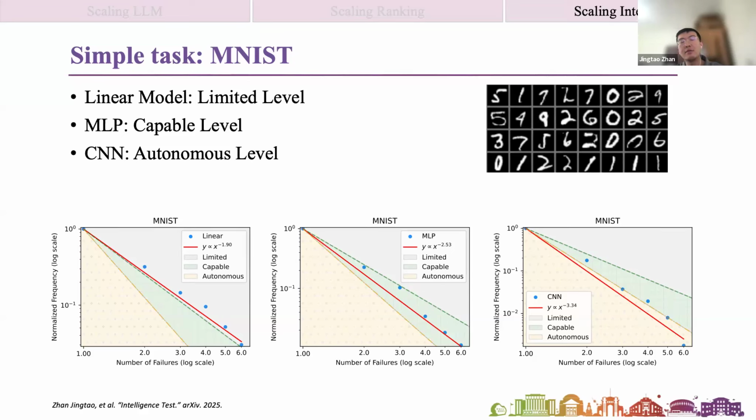So we can see that even on this very simple task, we can use our method to clearly determine how good the model is. Because the CNN has very good modeling for images, it reaches our autonomous level. We can proceed with this process and try to evaluate more complex tasks.